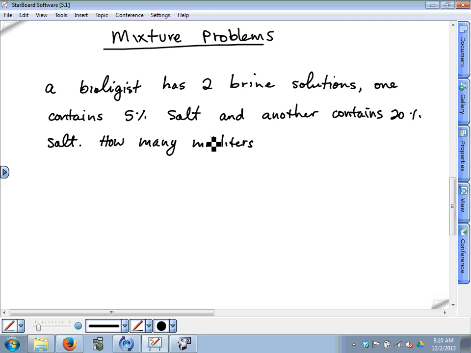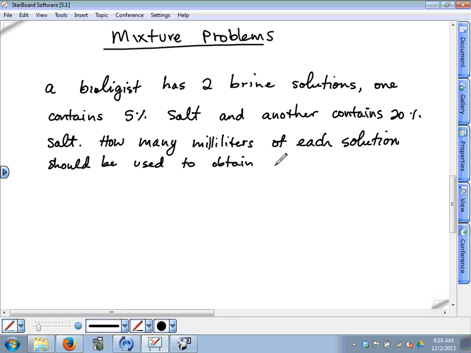How many milliliters of each solution should be used to obtain 1 liter of a solution that contains 14% salt?